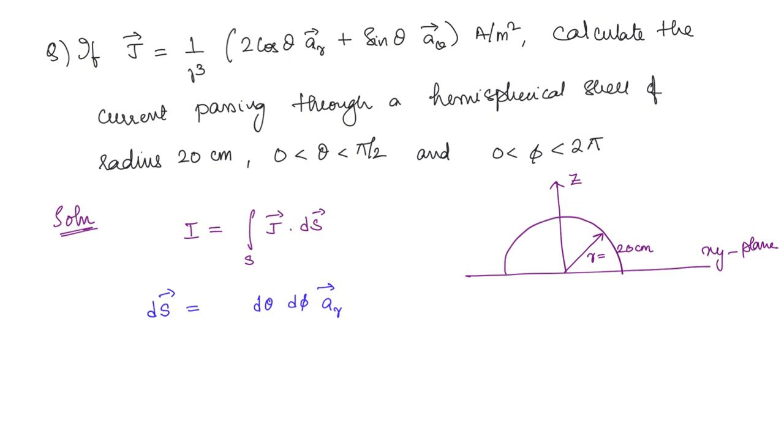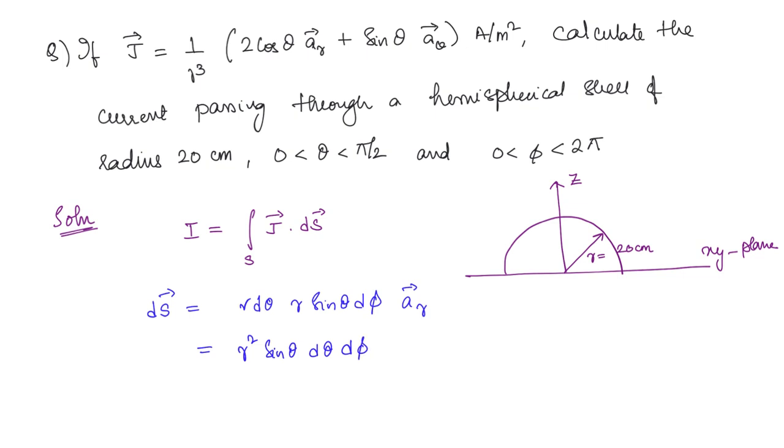For D theta, it is going to be R D theta. For D phi, it is going to be R sin theta D phi. This is along AR bar. This is how you can remember it easily. So this will become R square sin theta D theta D phi.